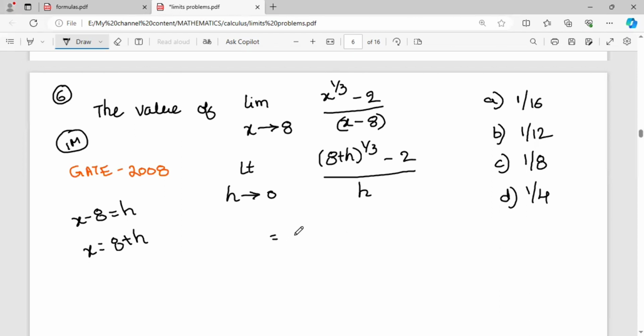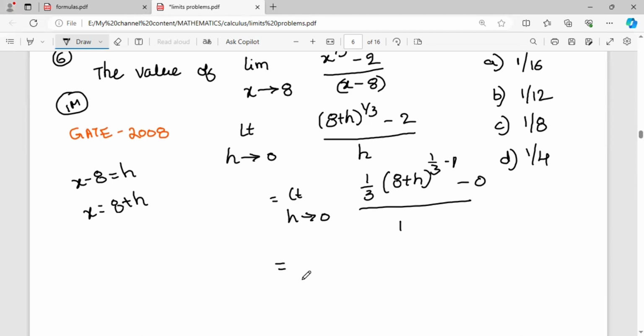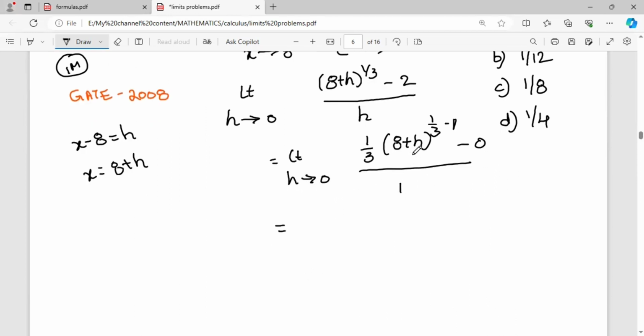L'Hospital rule means here limit h tends to 0, (1/3)(8 + h)^(1/3 - 1). Minus 2, the differentiation is 0. Next, for h the differentiation is 1. So now this expression becomes, as h tends to 0, (1/3)(8 + 0)^(1/3 - 1).